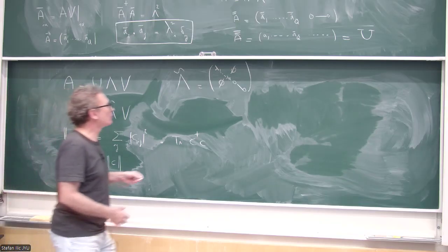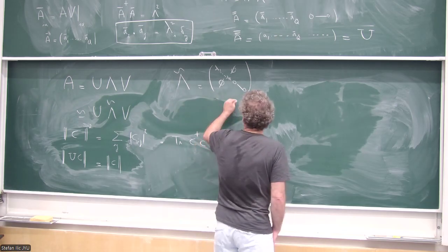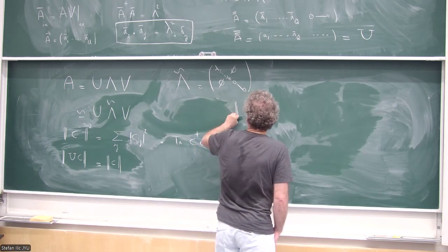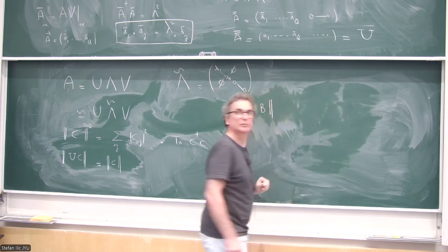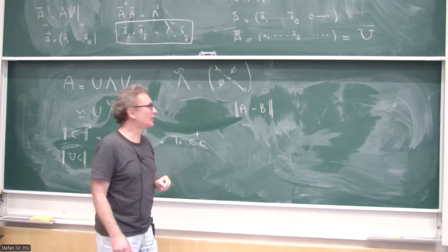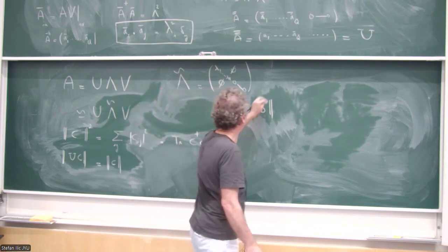So now we are looking for B, which is of rank chi, to minimize the norm of A minus B squared.